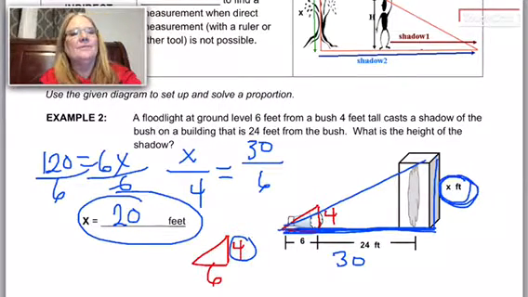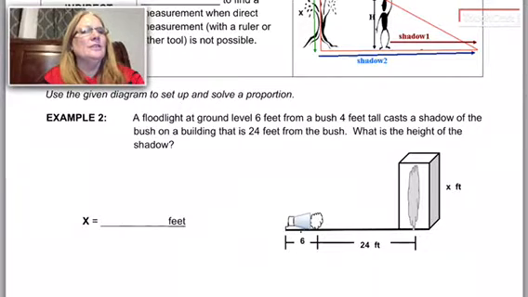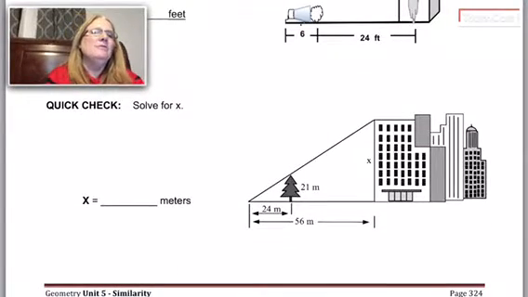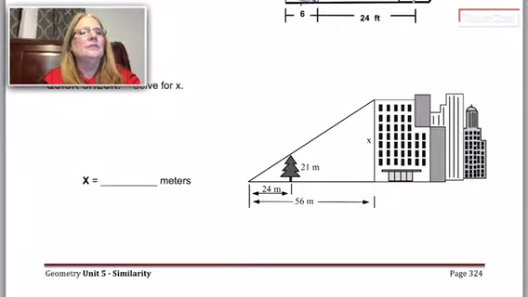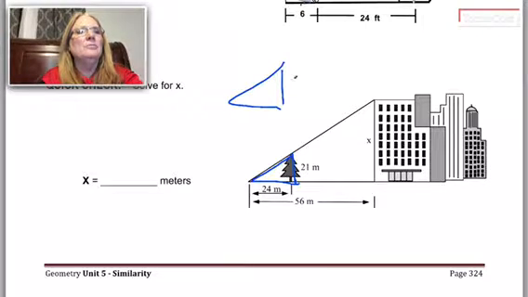Okay. Now look at the next example. Again, I would pause and try to set this one up myself. You see here we have a little triangle right here, and the measurements are 21 and 24.